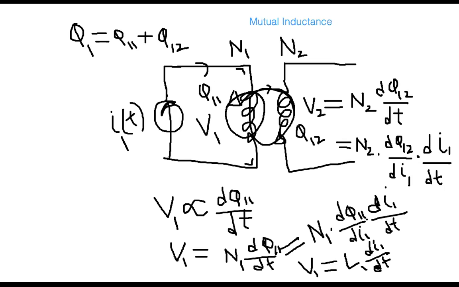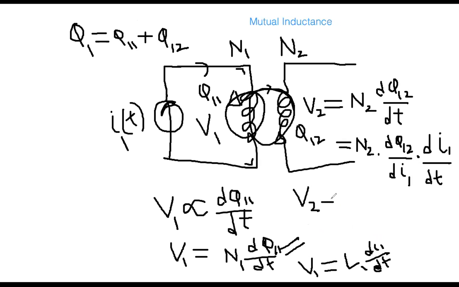So therefore, let me clean up these things here. Okay. So therefore, what I can say finally is V2. Now here you see there is one thing. What will we call it? You see, we call it L1. L1 was N1 d phi 1 by dt.